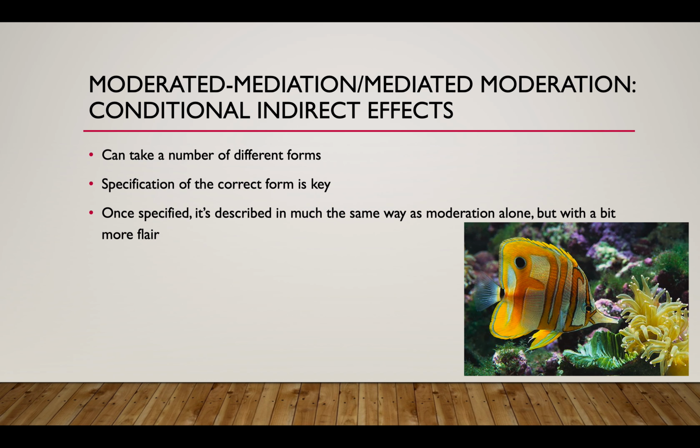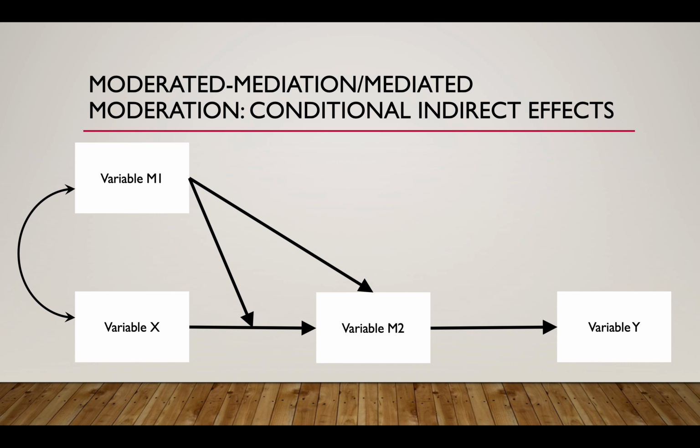One of the nice things about Mplus is that it does this for you so that you don't have to think about it. The way that we describe this is going to be much the same way that we describe moderation alone, but we're going to add a little bit of flair to it. So we have a moderated mediation model that looks something like this. We have the X variable affecting the Y variable, and then we have M1.